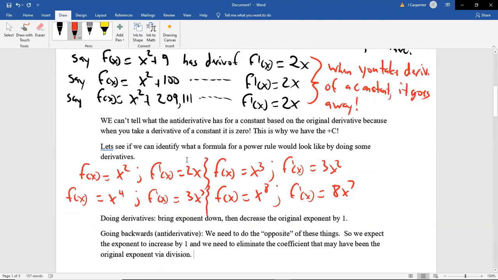So again, imagine yourself going from the 2x to the x squared. What's happened? The x had an exponent of 1 and it goes to 2. How about this one? The x cubed goes to a 4. The x squared goes to a 3. The x to the 7th goes to an 8. So going backwards, each of these exponents is going to increase by 1. Instead of decreasing by 1, we're now going to increase by 1 because we're going backwards.